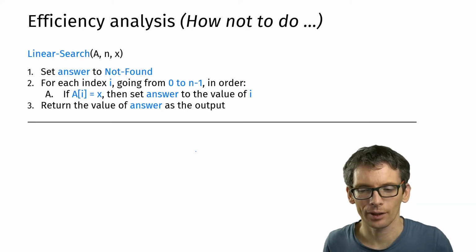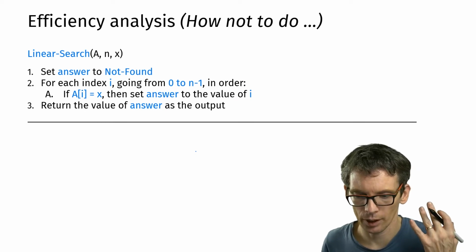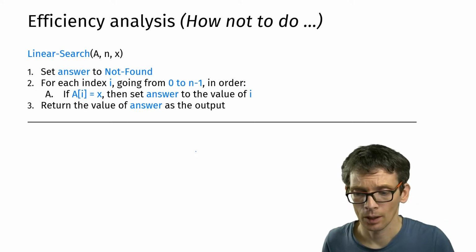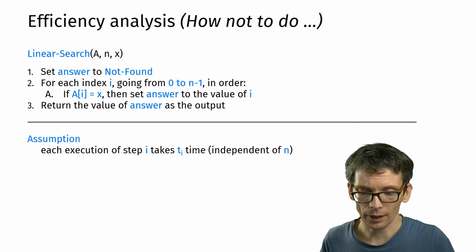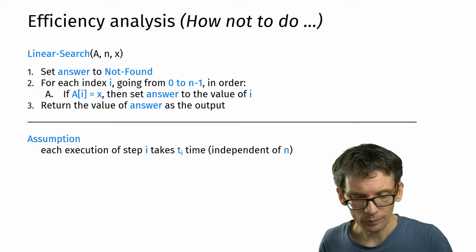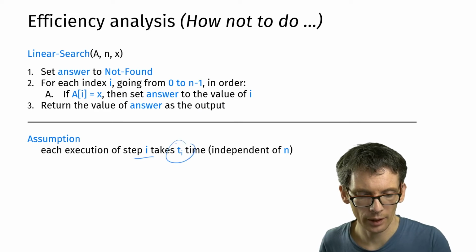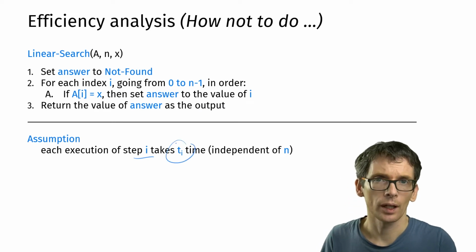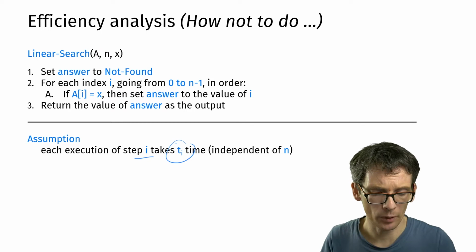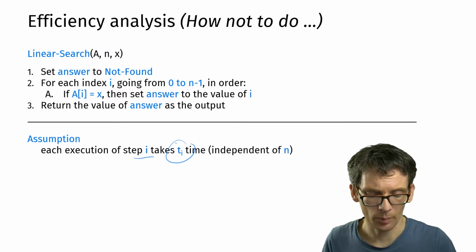So let's count elementary operations in the case of linear search. For that, let's assume that a certain operation takes t_i time. Because it is an elementary operation, that will be independent of n.